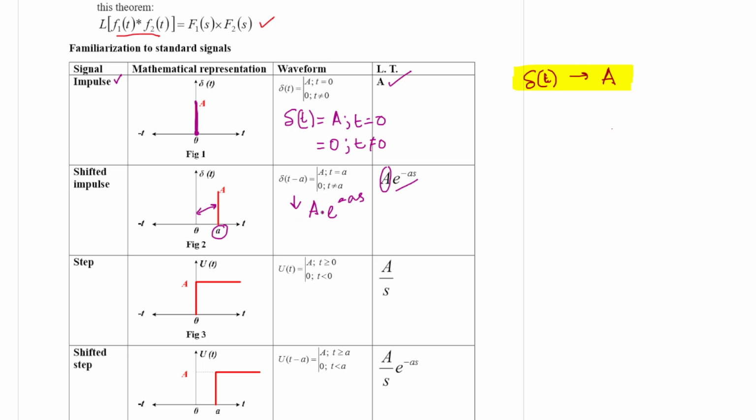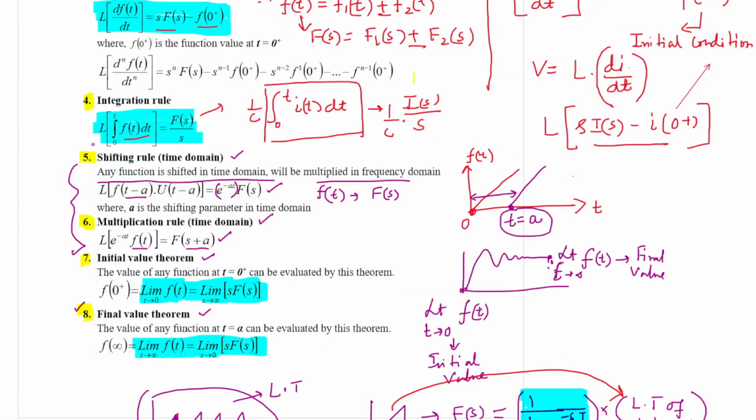Capital A is the magnitude, the Laplace transform of the impulse. This additional multiplication term is due to the time shifting in the time domain. It is the application of rule number 5.